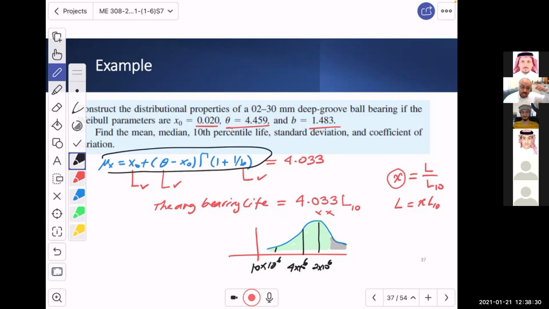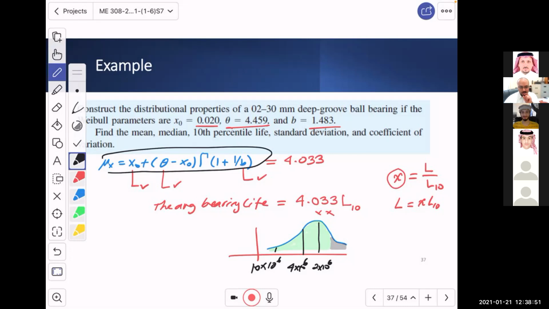But here, there are other bearings that survive way more. So you should not expect that the average is going to be 10. Only 10% fail after 1 million. The remaining 90% survive more in general. You get that? So yes, it will be higher.